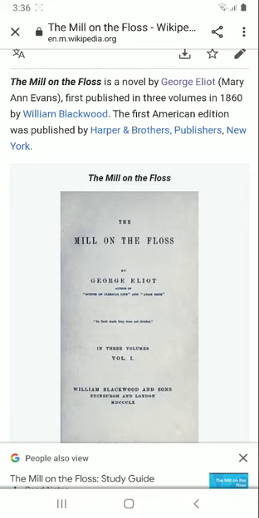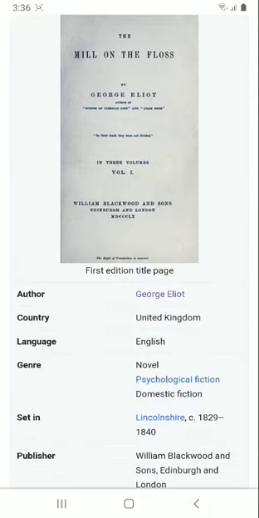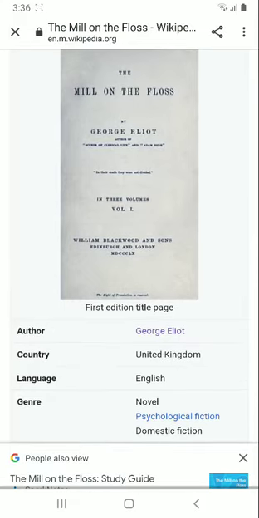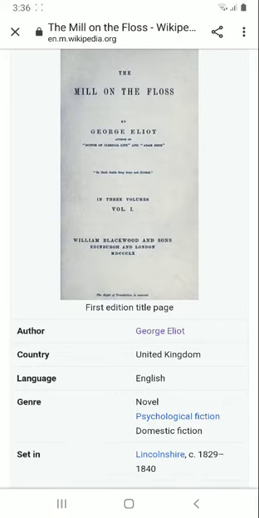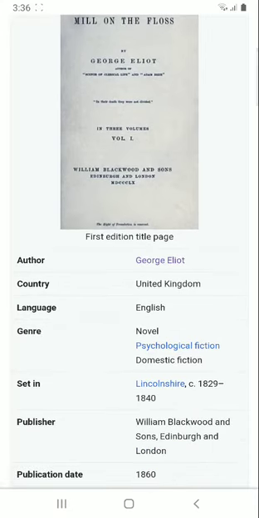He is the first publisher of this book. This is a first edition title page, ma. First edition was printed by William Blackwood. So this is the first edition page, first page.